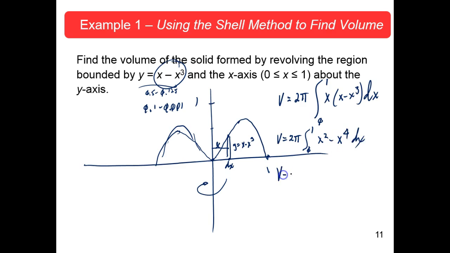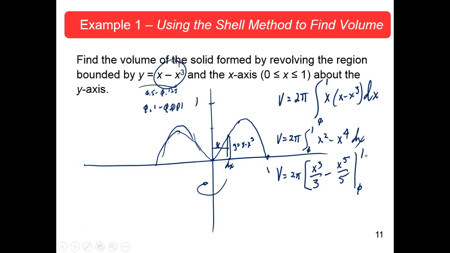Okay, so V is equal to 2 pi. What's the antiderivative of x squared? x cubed over 3 minus x to the 5th over 5, evaluated from 0 to 1.